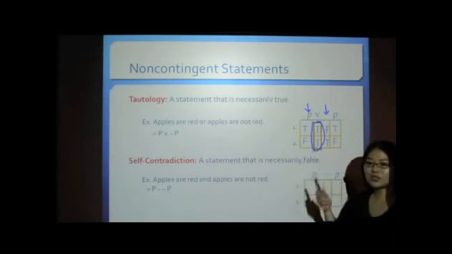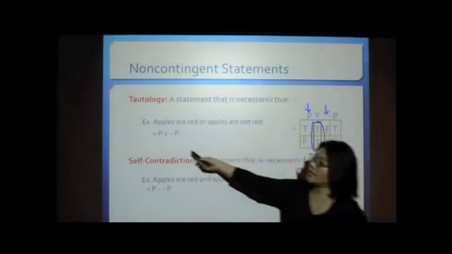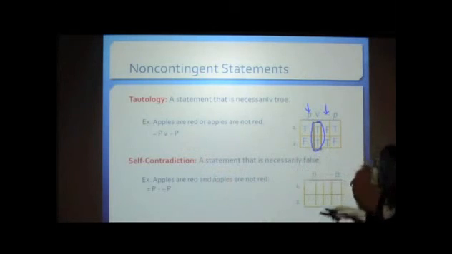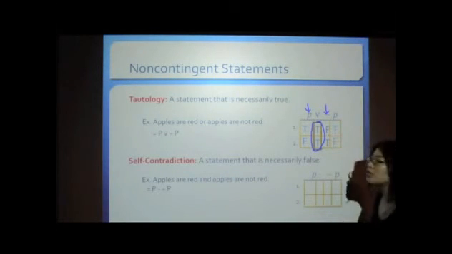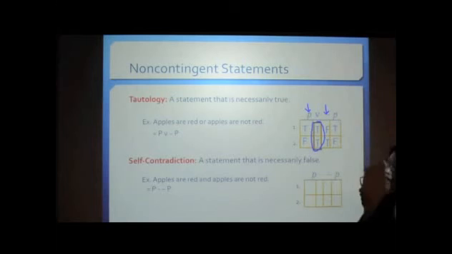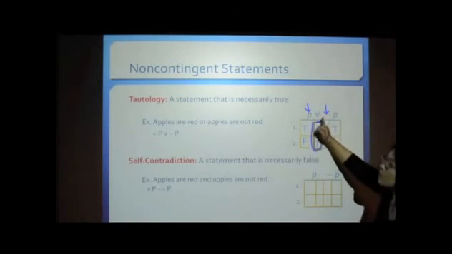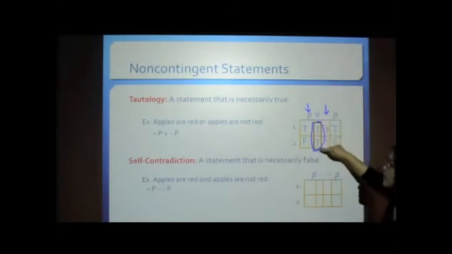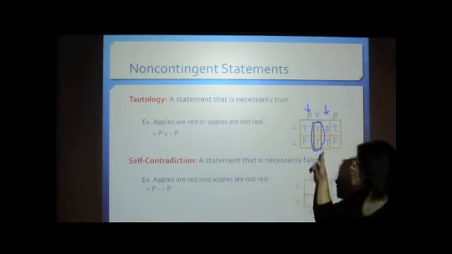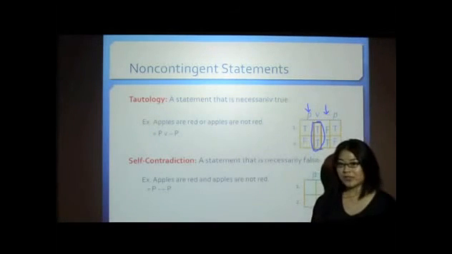Now when we look at this truth table for the statement here, notice how the only possible truth value that this statement can have is true, okay? Because the entire column underneath the main operator for this statement is going to be true. So this statement cannot possibly be false.